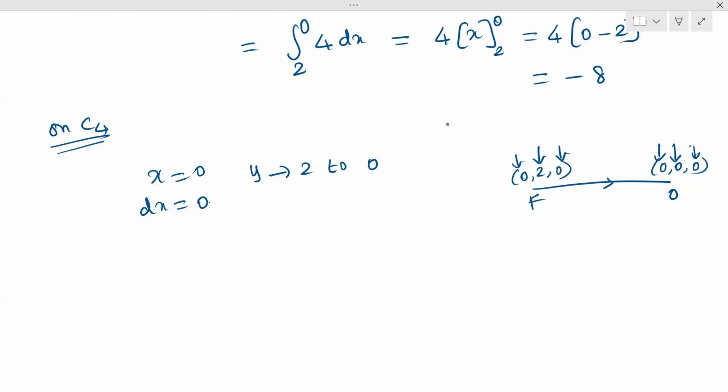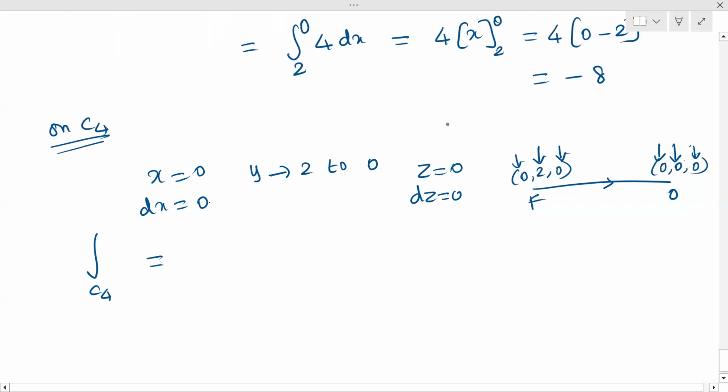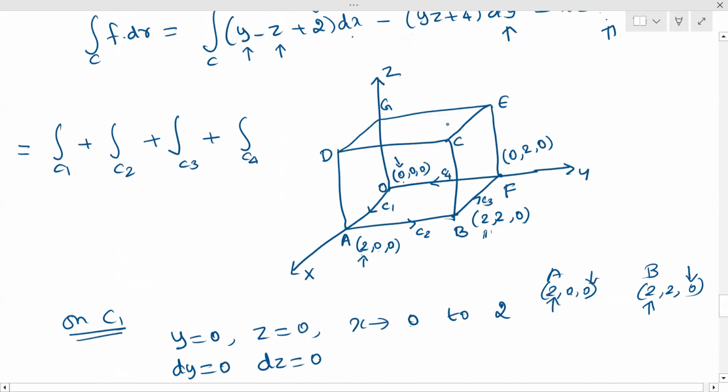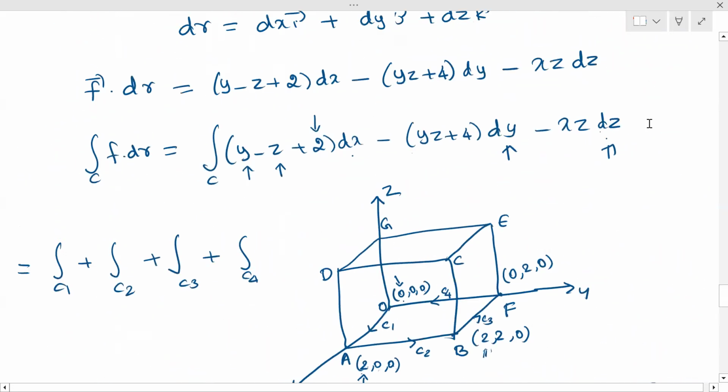Z equal to 0, so dz equals 0, so the integral over C4 is y varies from 2 to 0. Here dx and dz are 0, so we are having only the middle one. What is the middle one?